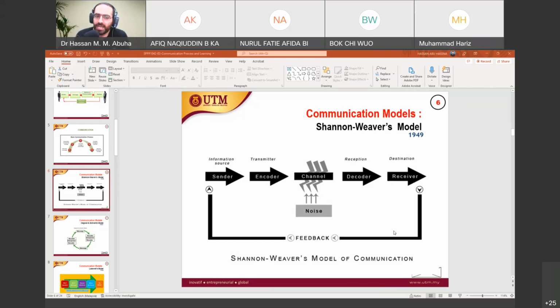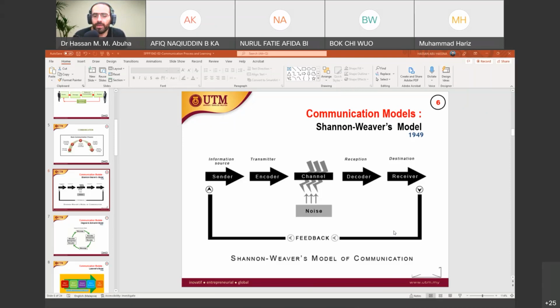So decode and encode actually serve the same purpose or meaning, which is explaining the information enough for the students to understand, and is the information clear enough for the students to get. Do you understand the meaning of encoder and decoder? Clear? Okay.